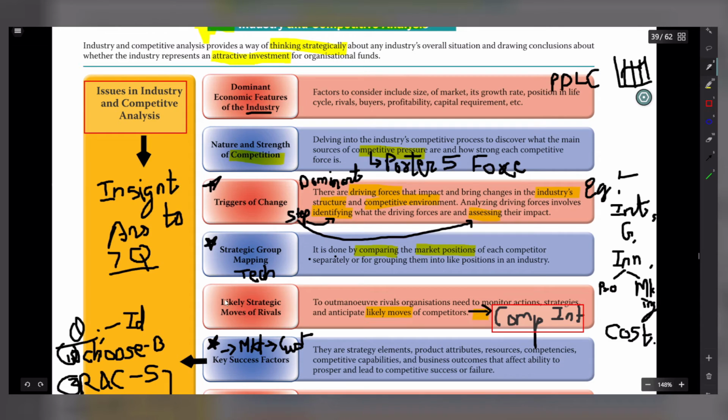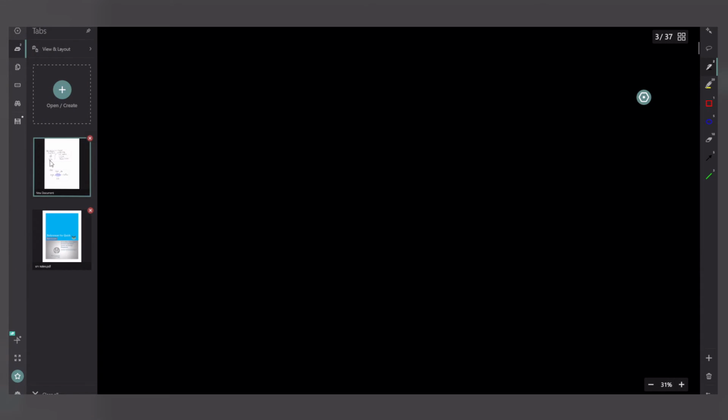Then we went towards strategic group mapping. It is done by comparing the market position and various factors.